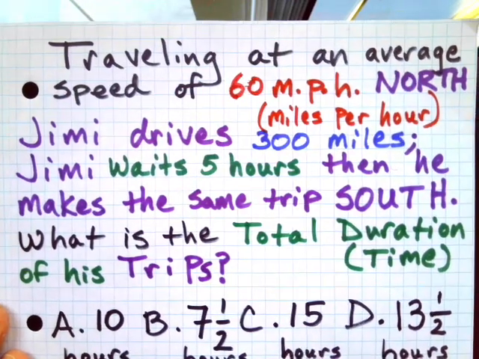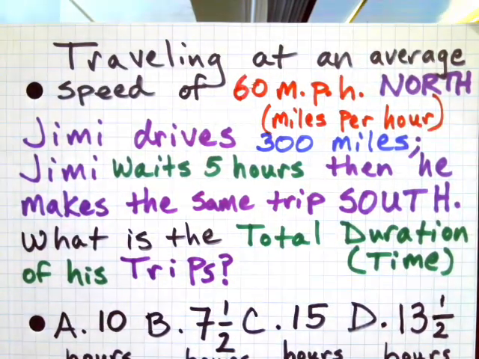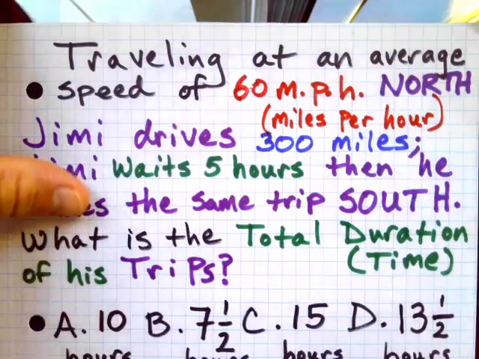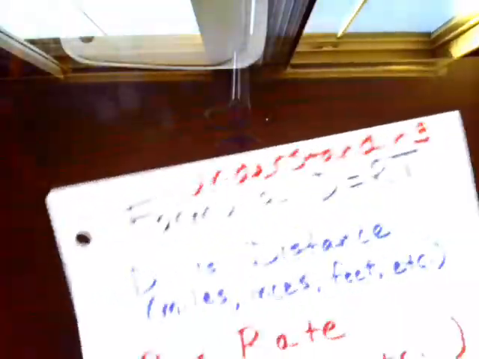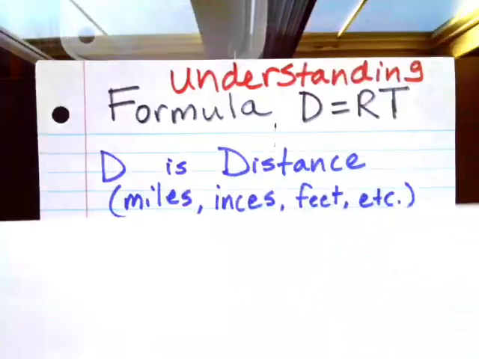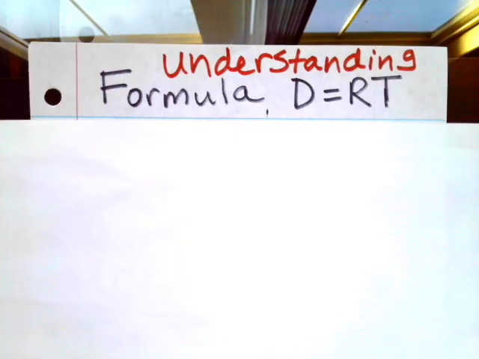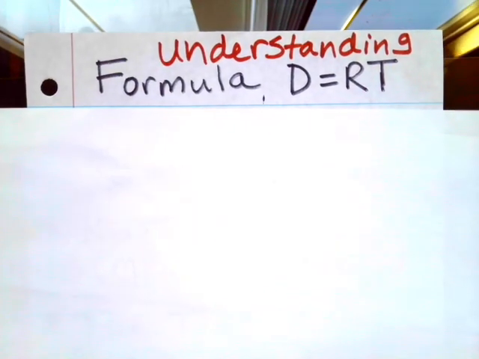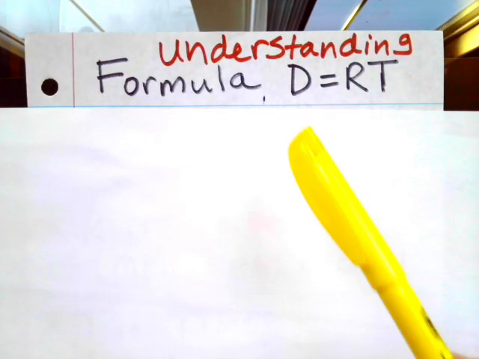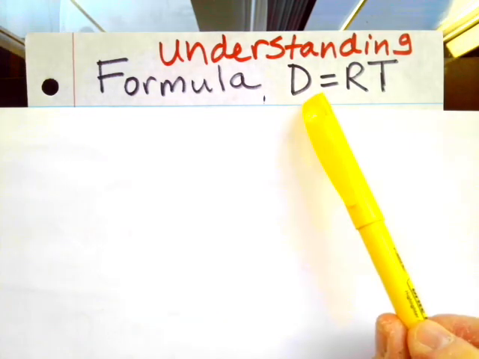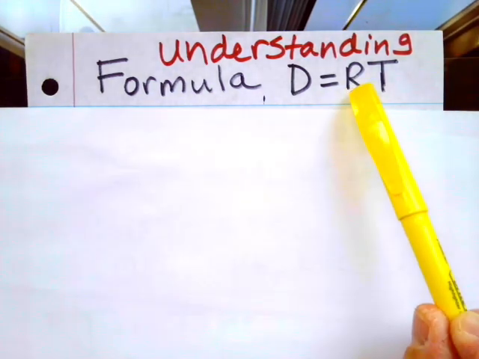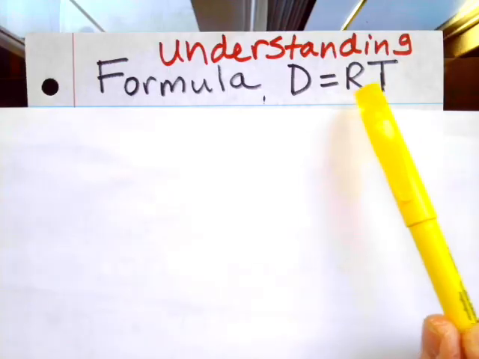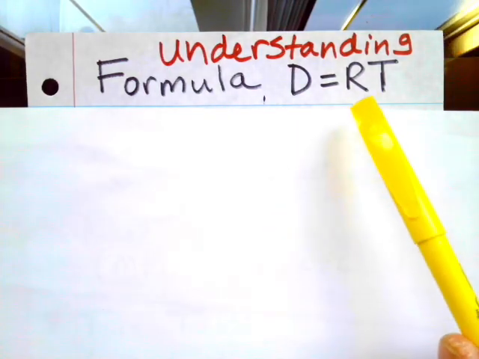I'd like to go over some of those key aspects with you now. Let's do a little bit of review and understand the formula D equals R times T. So distance equals rate times time.